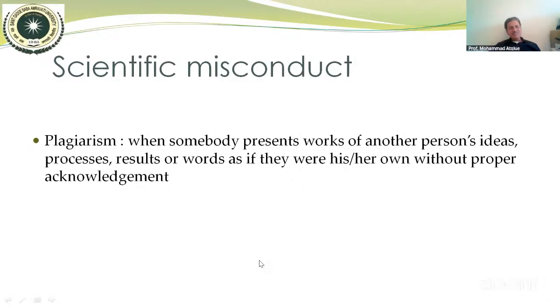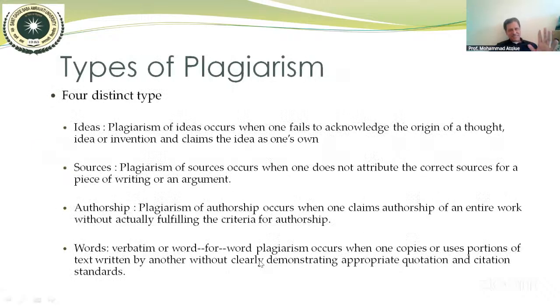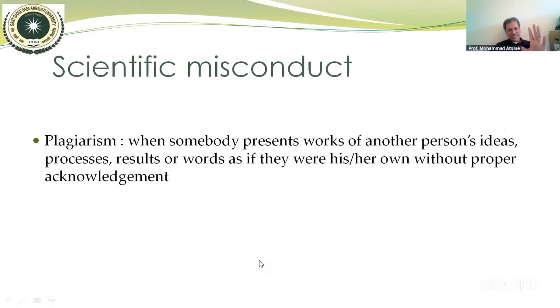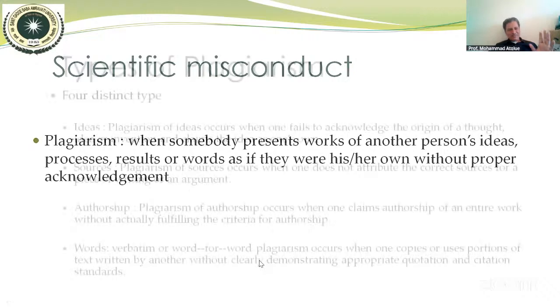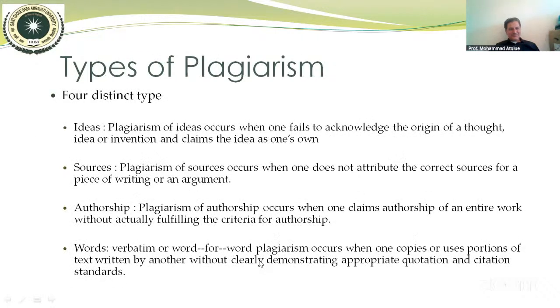There are ways and means, but what I am trying to say is it is very dangerous. And again there are four distinct types based on the definition itself. If you look at the definition you can very well understand that it is a person's ideas, process, results, or words. So the word is the most common one, but there are four distinct types.